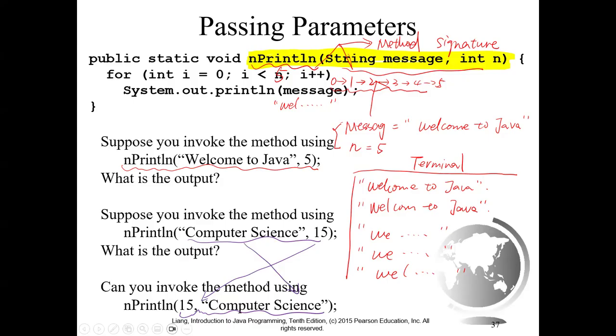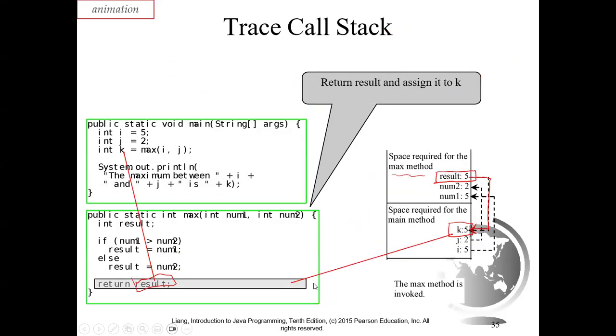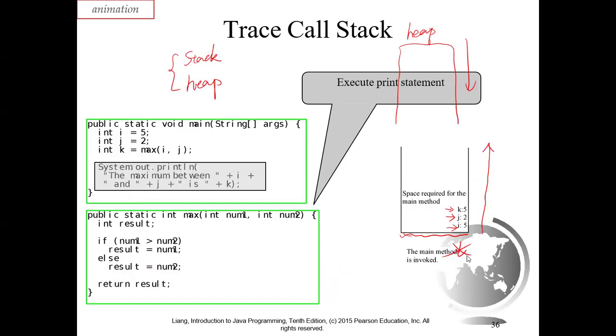As we can see in this slide, the i is passed to the first parameter, the j is passed to the second parameter. That means the sequence, the order of the parameters really counts. We cannot exchange them because we are passing the first to the first, the second to the second.